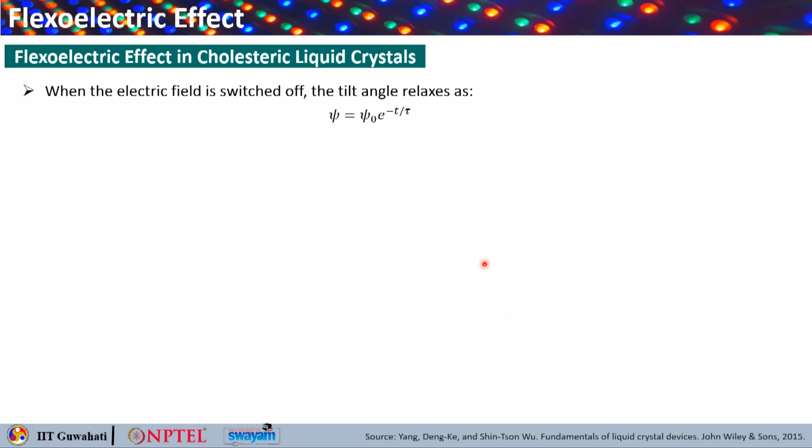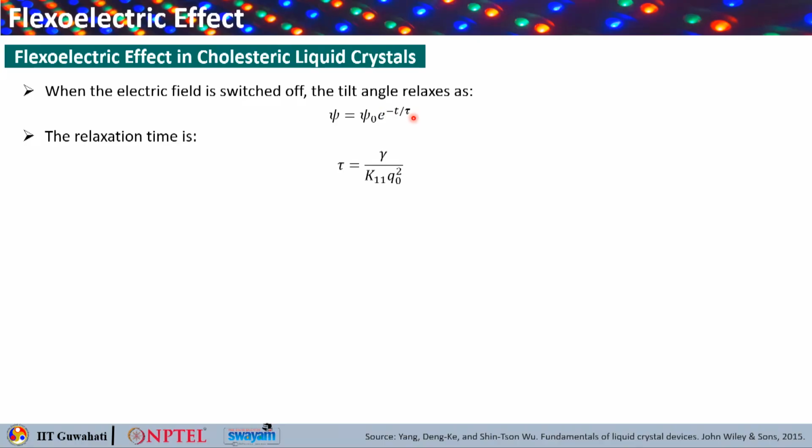Now when the electric field is switched off, the tilt angle relaxes as psi equals psi naught into the power minus t by tau. So you remove the electric field, the tilt angle will slowly relax, and the tilt will disappear over some time. That time is called the relaxation time, since it relaxes exponentially.